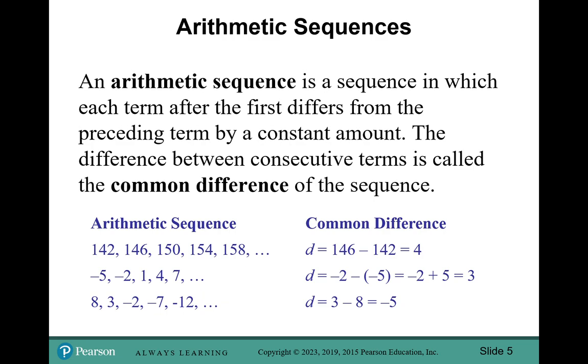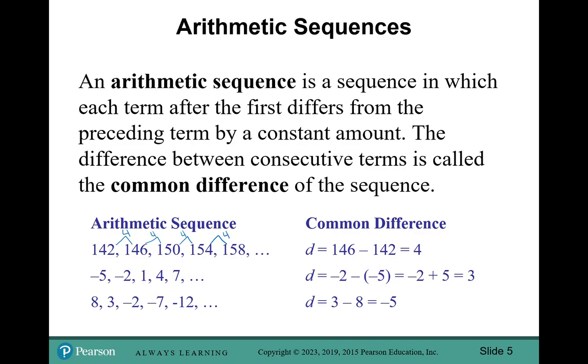The common difference between these numbers is 4, because 146 minus 142 is 4. To get to each next term, the difference is 4. We're adding 4 to get to the next term.